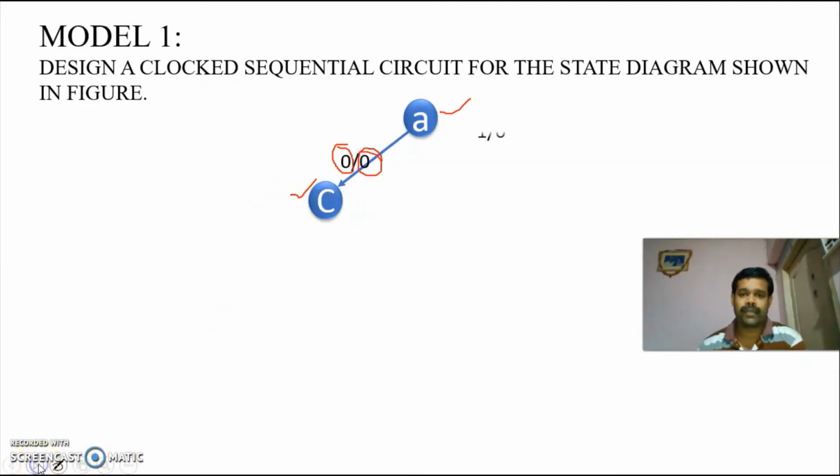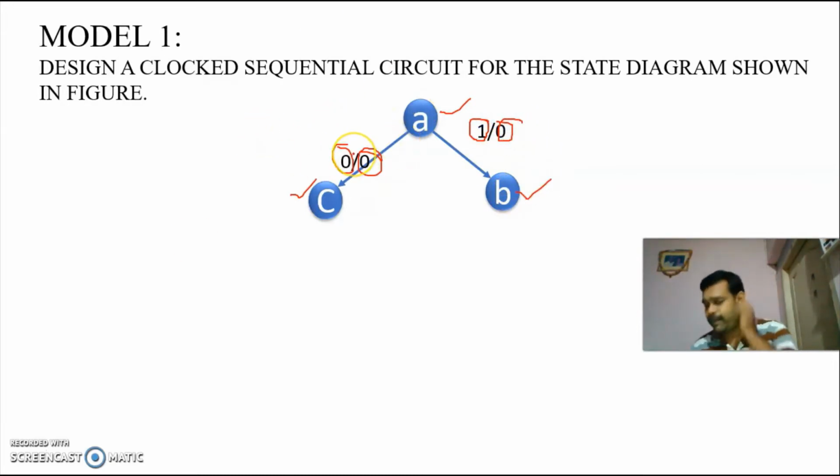Similarly, you are in state A. When you provide the input 1, it goes to state B, and the output is 0. We have written the possibilities for A. A has two inputs, 0 and 1. When giving 0, it goes to C, and when giving 1, it goes to B. And the outputs are 0.